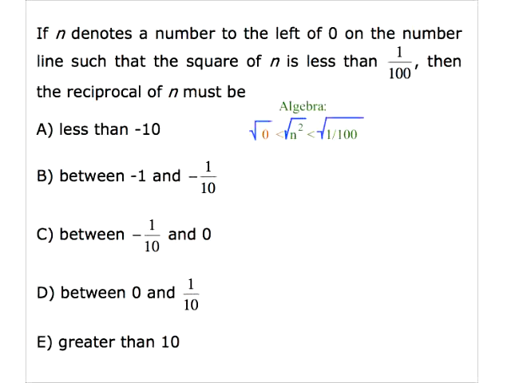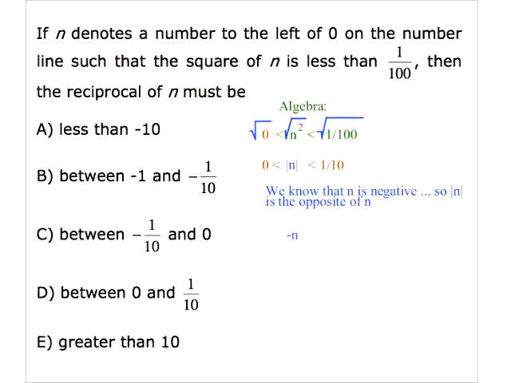This is a topic that our strategy guides deal with if you're not familiar with that. But you wind up with the absolute value of n. Then because we know that n is negative, the absolute value is the opposite of n.